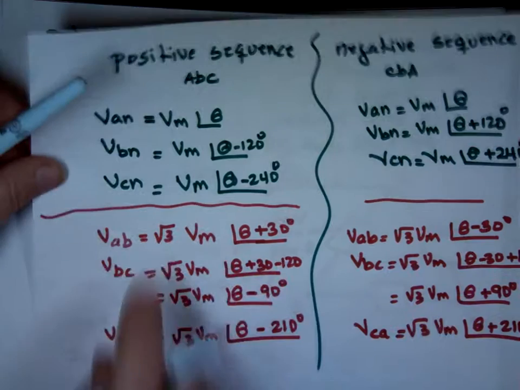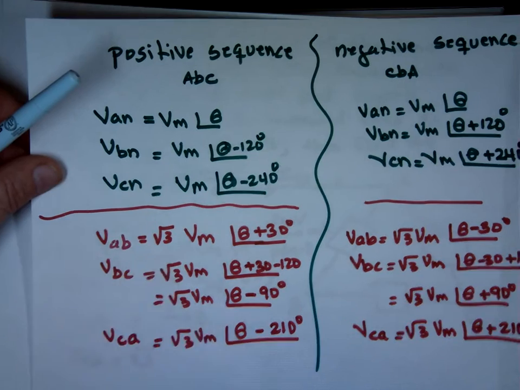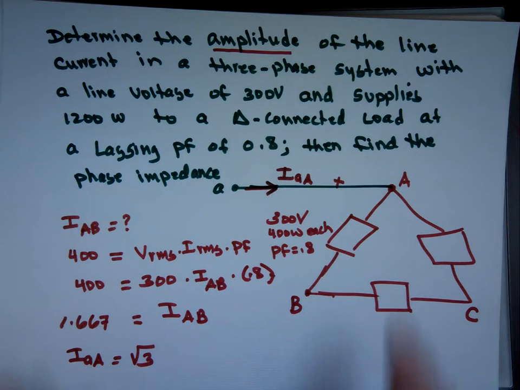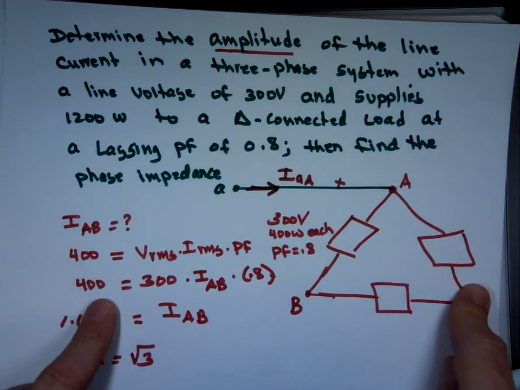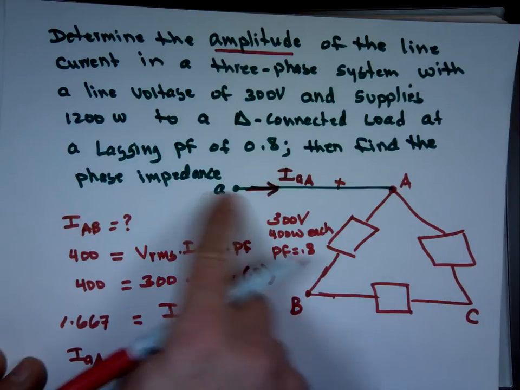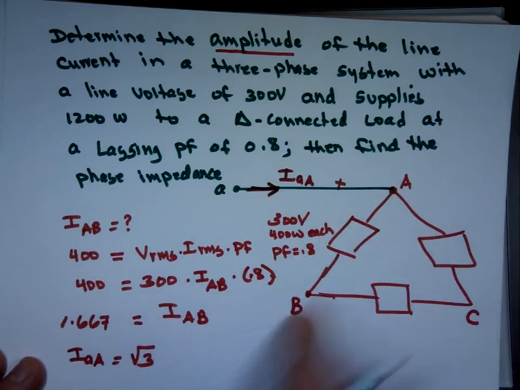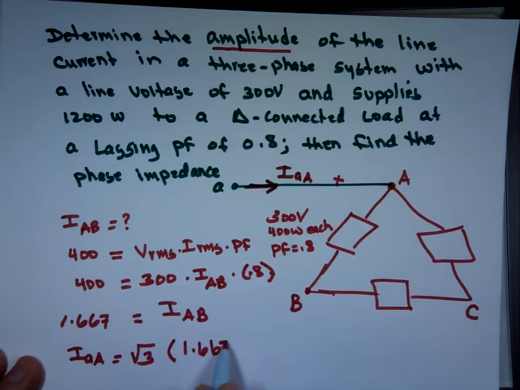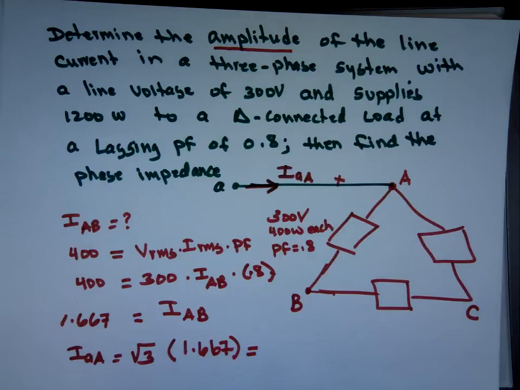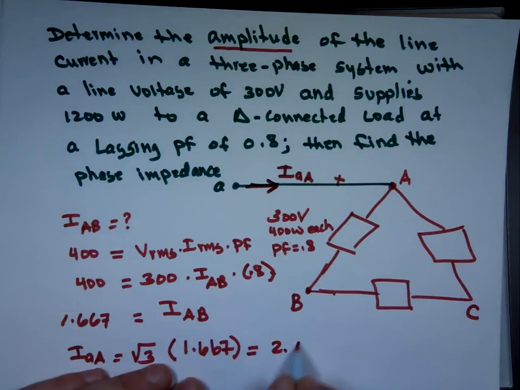You can find the current through each one of them using the same equation and just do the math. The current I sub A equals I sub AB plus I sub AC, and do it that way. But it's going to be the square root of 3 times 1.667, which is 2.887. That's the answer to the first question.